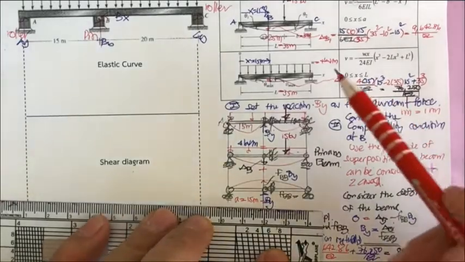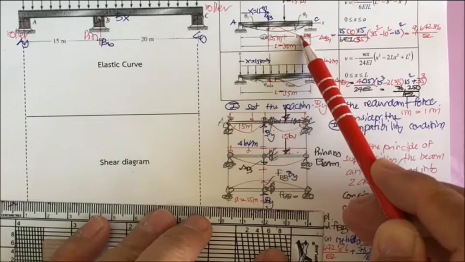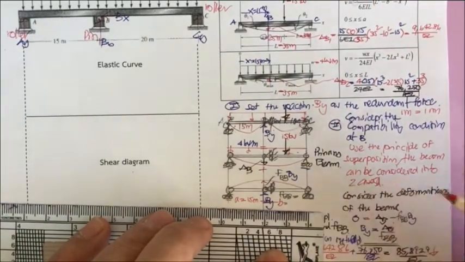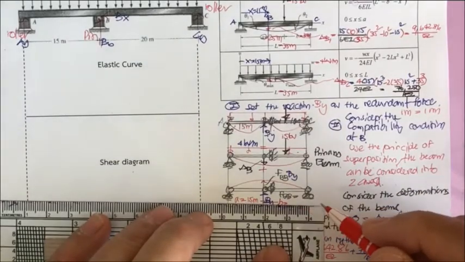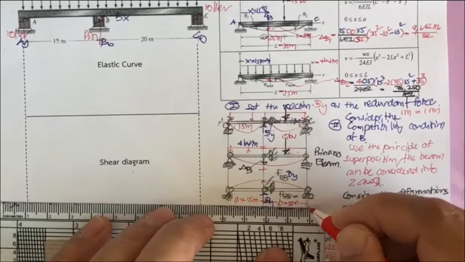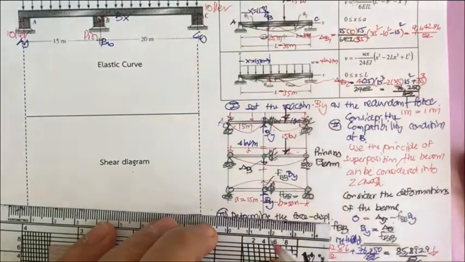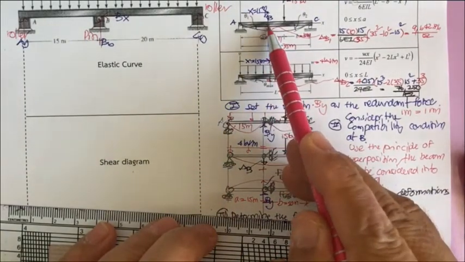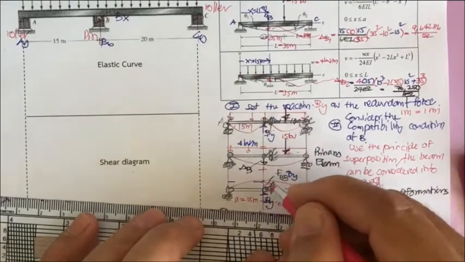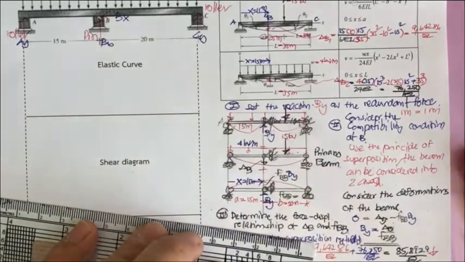And from the load to the C is going to be b, so b equal to 20 meter. And the position B is here, that is 15 meter, so that is going to be the X. Okay, X is going to be 15 meter.